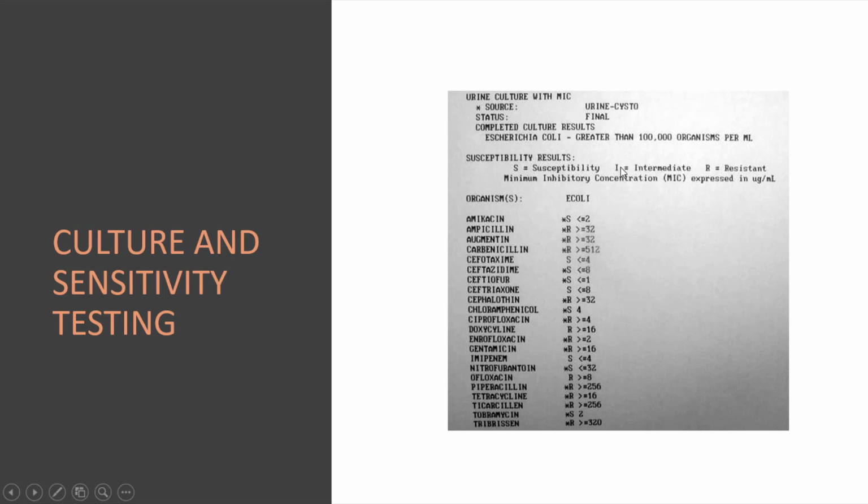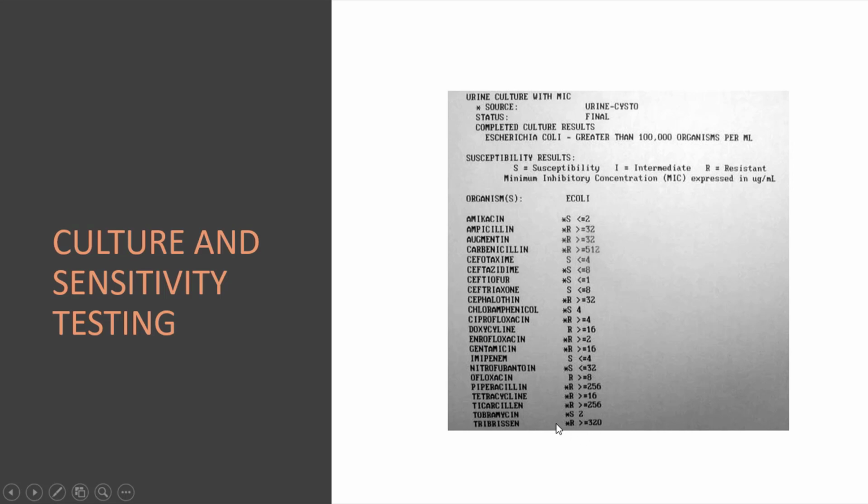I for intermediate, so it could be either in between. R for resistant, so we try to avoid these antibiotics which are resistant. So we look here, and we have multiple antibiotics that are sensitive and other antibiotics that are resistant.